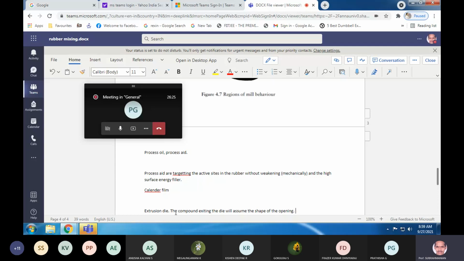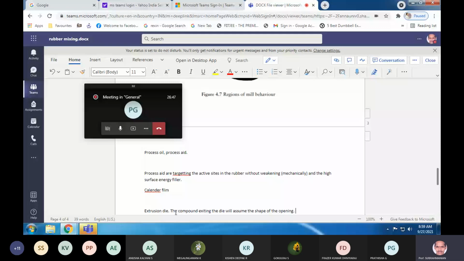Right? Going a step further, the softening will happen at a particular temperature. The moment the compound comes out of the die, what happens? The temperature is reduced. Passing through the die, it is at a little higher temperature, right?